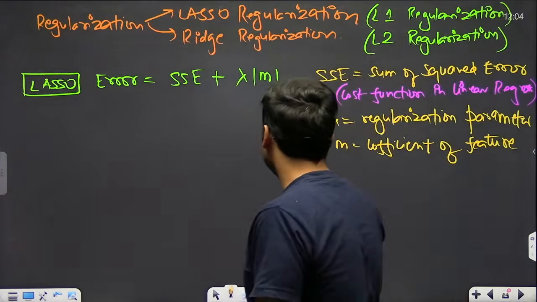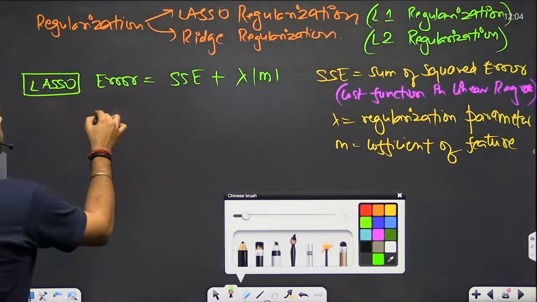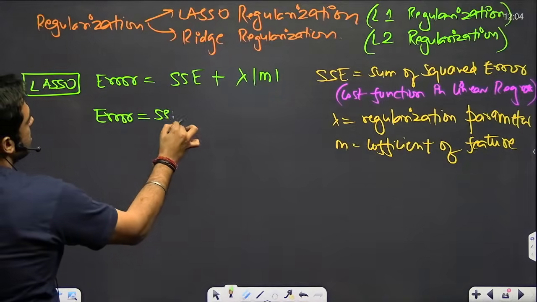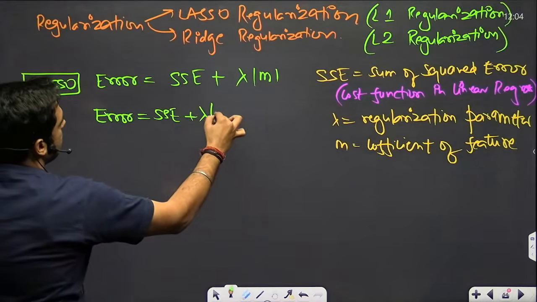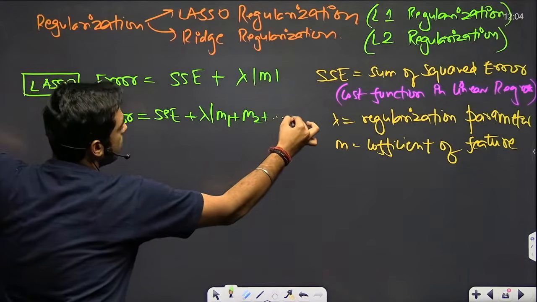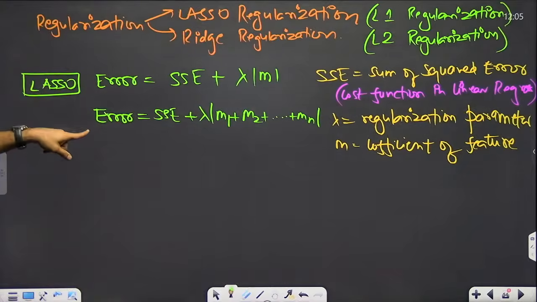This is for simple linear regression, and for multiple linear regression the formula is SSE plus lambda times the mod of m1 plus m2 plus up to mn.